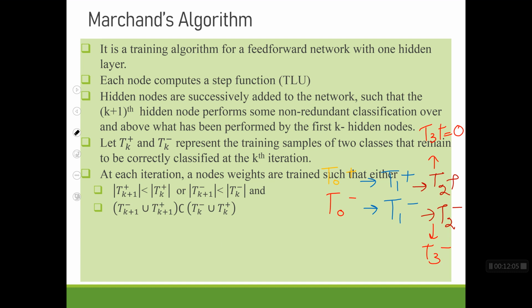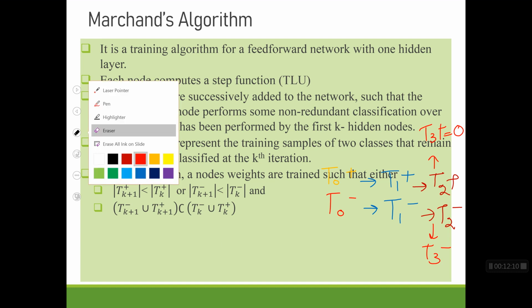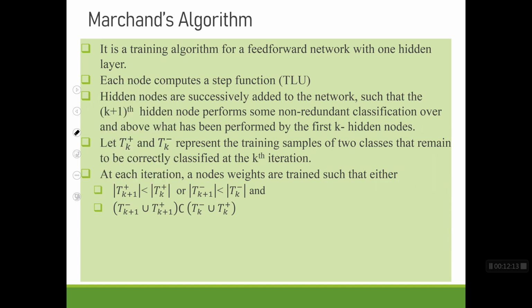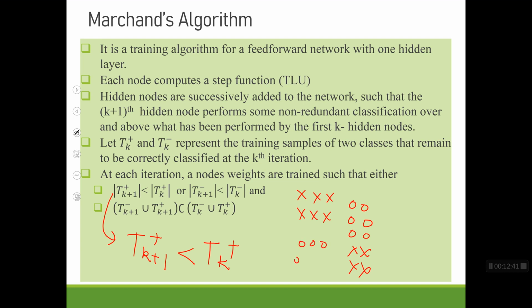So at each iteration, node weights are trained such that either, as I have already told you, T(k+1) plus is less than T(k) plus, or the other one. So every time, first we began with some patterns, and then some of these patterns will get classified.